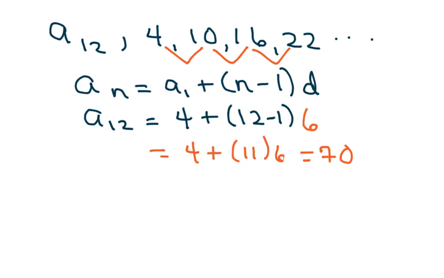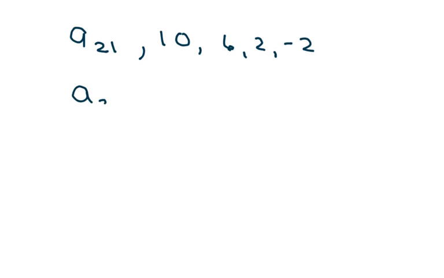And let's do one more with a negative. We want the 21st term of the sequence 10, 6, 2, negative 2. So a sub 21 equals your first term plus 21 minus 1 times your common difference.